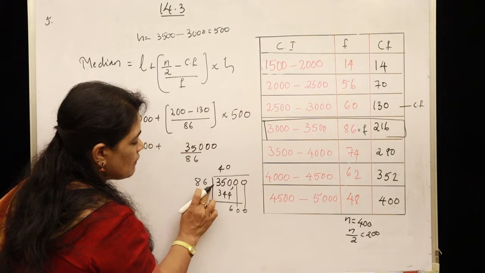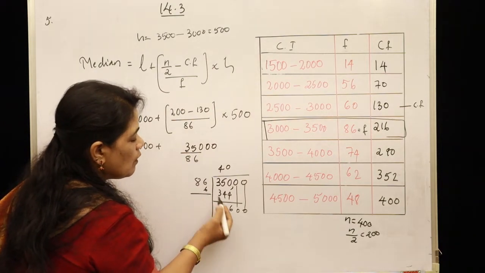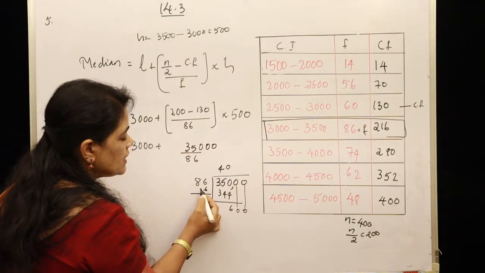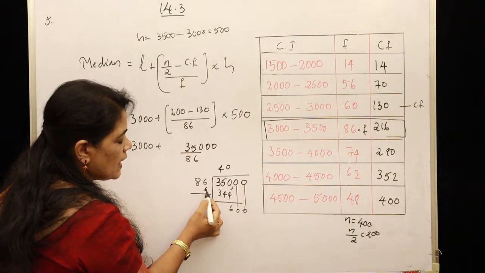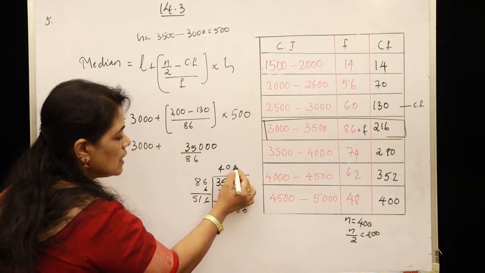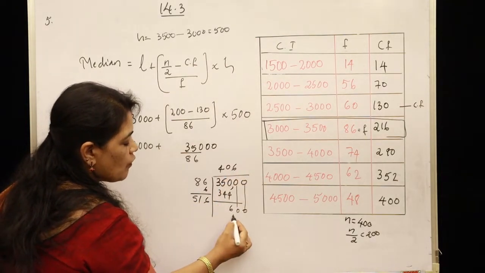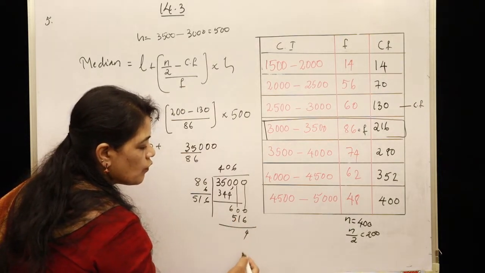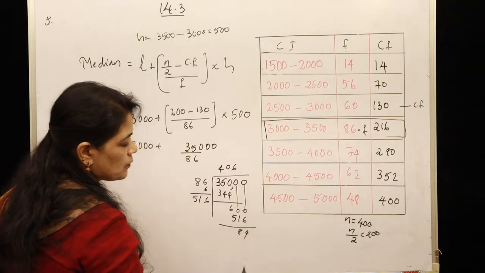No, we can't take 7, we can take 6 only. 6 6s are 36, 3 carries, 48, 8 6s are 48 and 51, that means 516. You will have 84.